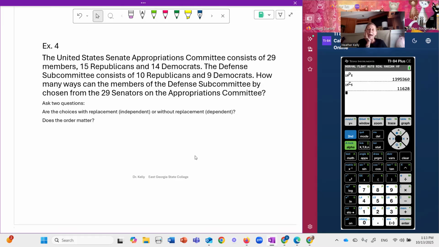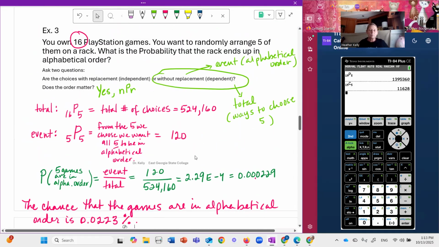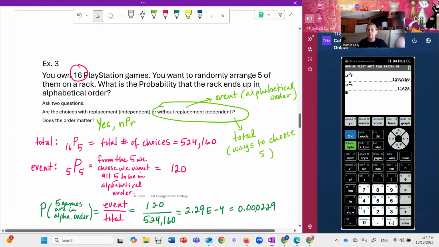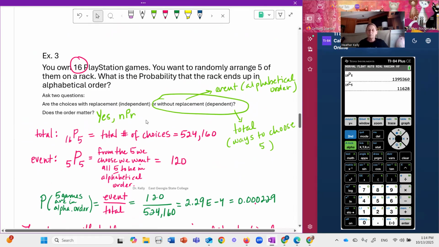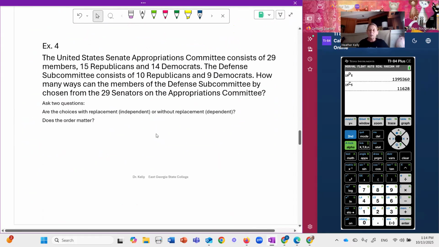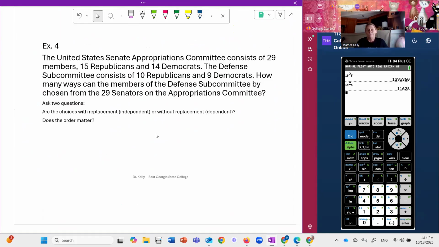It says, how many ways can the members of the Defense Subcommittee be chosen? This is not a question asking for probability. This question is just simply asking us to figure out how many ways we can do this.